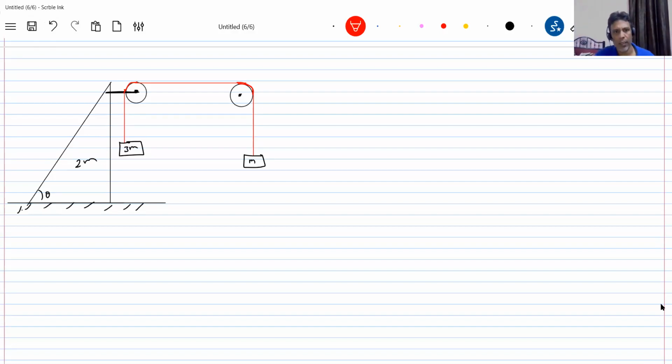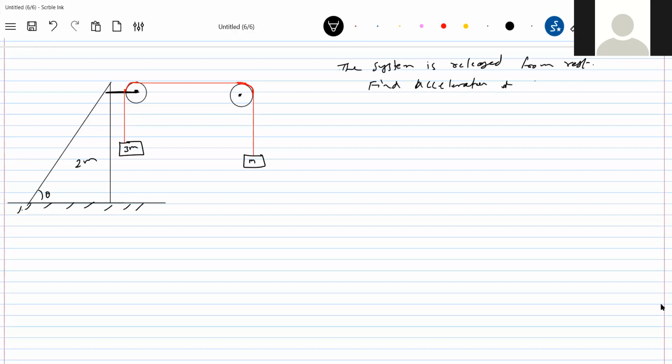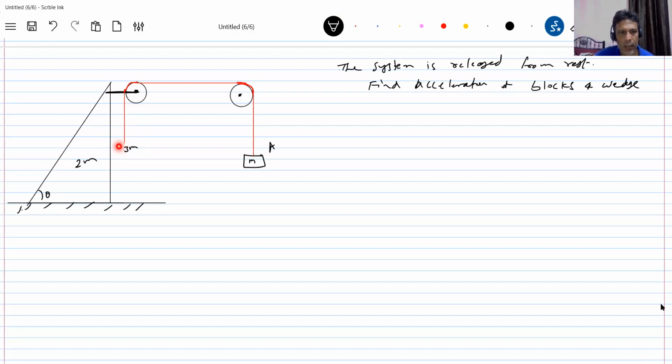The system is released from rest. Find the acceleration of blocks and wedge. It is in contact.